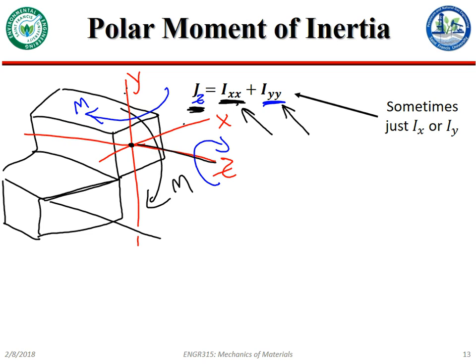If you're trying to find a polar moment of inertia from two area moments of inertia, you have to make sure that you're sitting on the same axis. If I said something like parallel axis theorem, would that mean anything to you? No? Okay, cool. Well, we can talk about that later on.